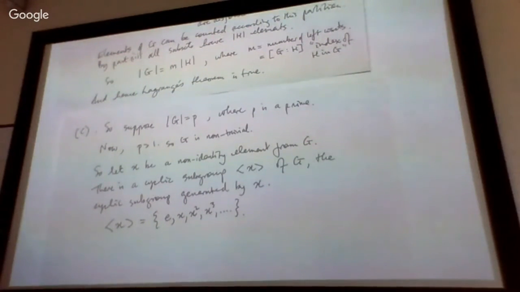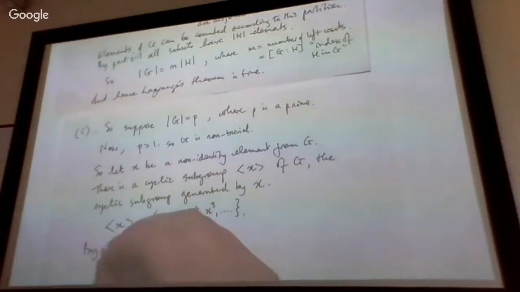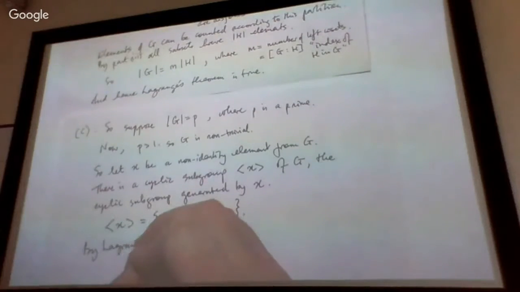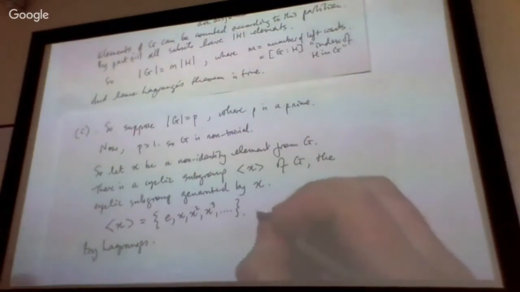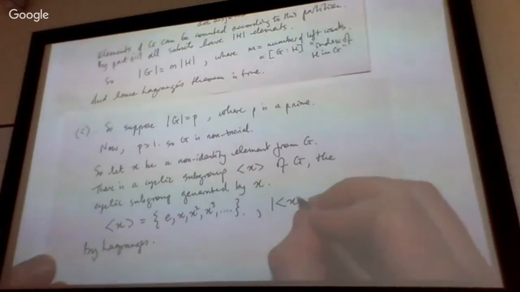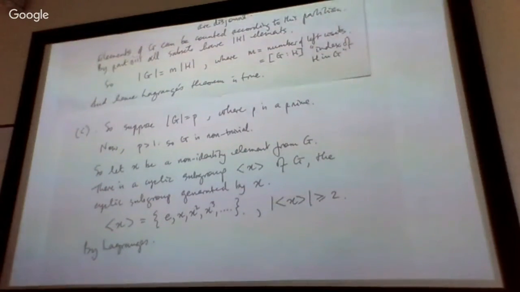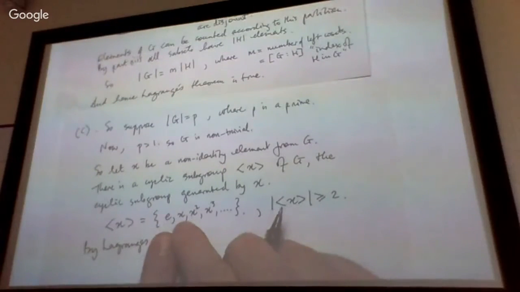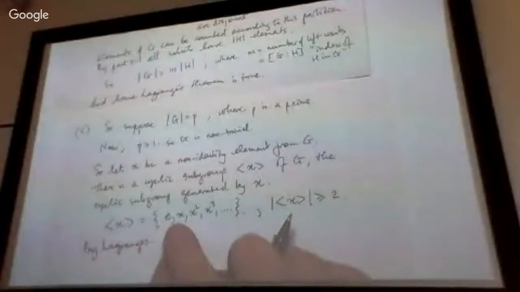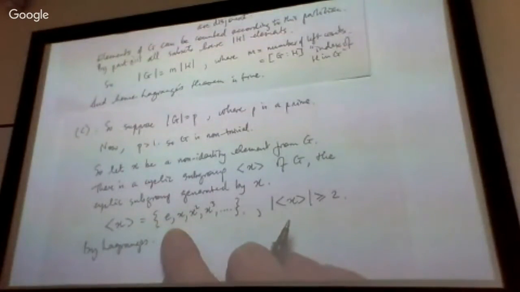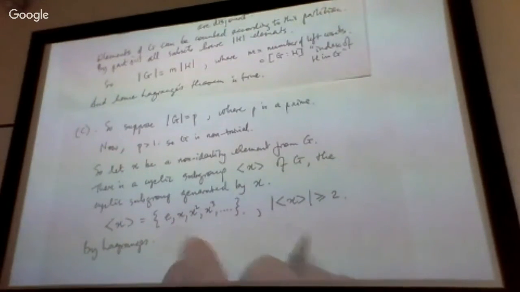Okay, but let's not beat about the bush too much. By Lagrange's theorem... The point here is that the size of this subgroup is greater than or equal to 2, because it at least contains the identity and X. Maybe X squared is already back to the identity again. Maybe it only contains 2 things. But it is at least 2 or bigger.